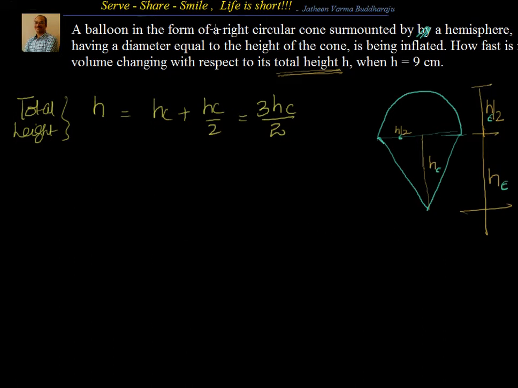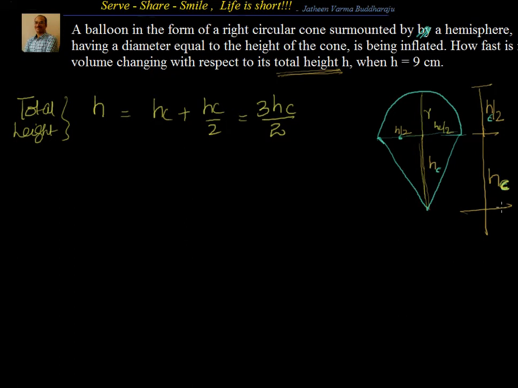Let me repeat that again. A balloon is in the form of a right circular cone surmounted by a hemisphere having diameter equal to the height of the cone. Let us say the height of the cone is hc. Then the diameter equal to hc, that means the radius will be equal to hc by 2.